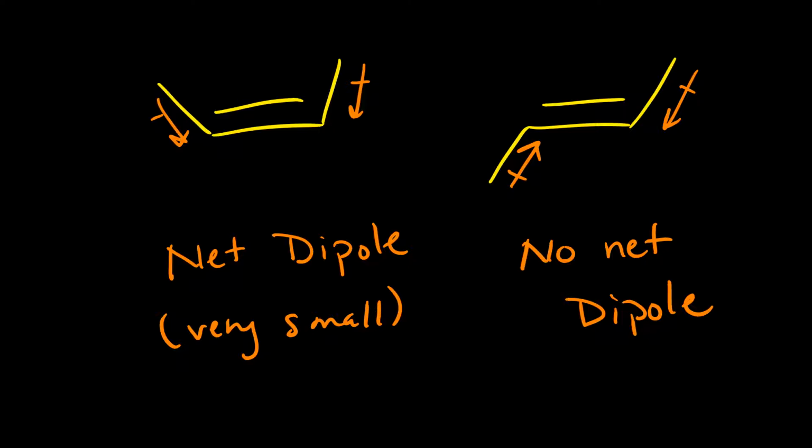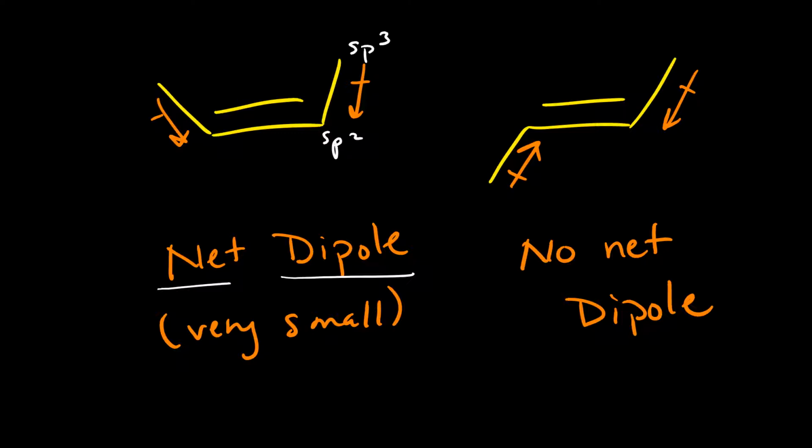However, if you have a cis versus a trans isomer, because of the slight difference in the percent s character, recall that the sp3 to sp2 carbon-carbon bond is slightly polarized, and so you have a little bit of a net dipole overall with the cis isomer.